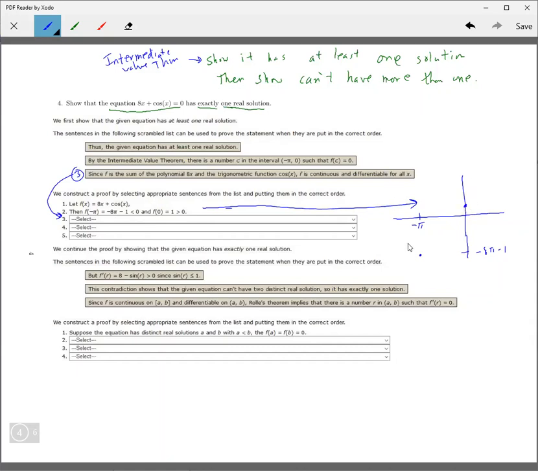So this function, to get from here to here, it's got to cross the x-axis. And where it crosses, it solves this equation. It's a solution. So this will be number 4, this second one. And then number 5 is this top one.